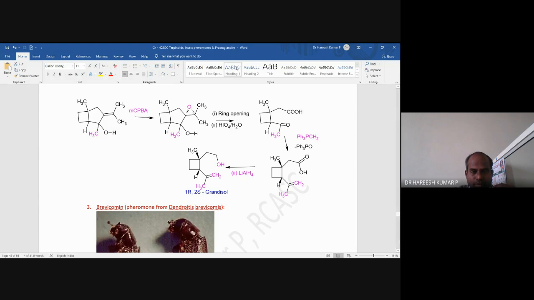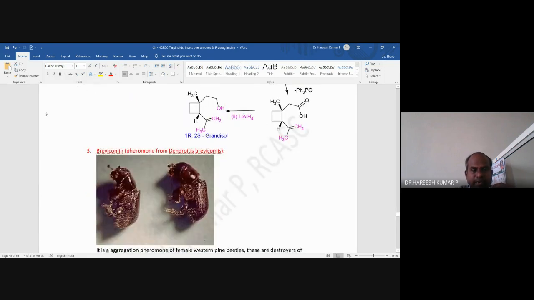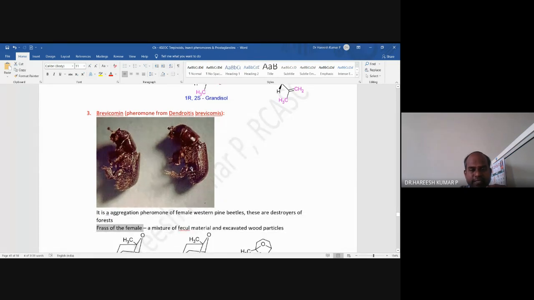Okay, so with this, I will go to one more insect pheromone. It's called Brevicomin. Okay, this is the compound. So Brevicomin is a pheromone, more particularly isolated from Dendroctonus brevicomis. It's the scientific name of this particular insect.